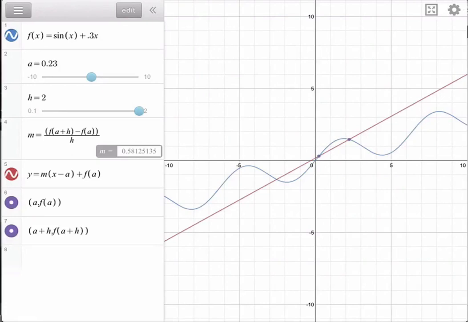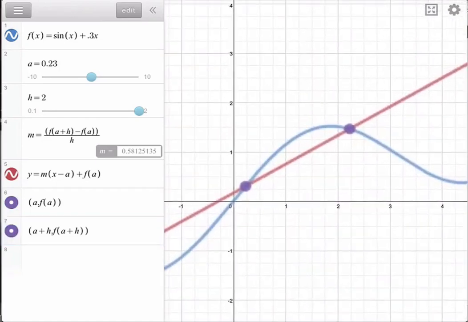So what we have here in blue, we have f of x equals sine of x plus 0.3x. And then in red, we have y equals m times (x minus a) plus f of a. And that's really the equation of a line through the 2 points, a, f of a, which is right there, and a plus h, comma, f of a plus h.